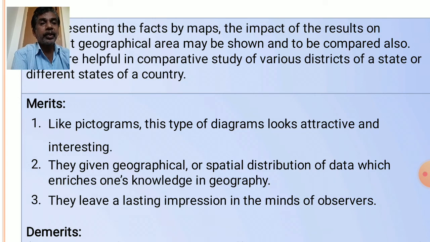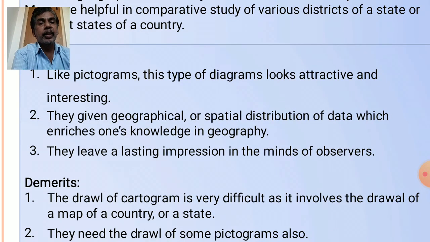Cartograms look attractive and interesting, and they give geographical or spatial distribution of data, which enriches one's knowledge in geography, and they leave a lasting impression in the minds of the observers.